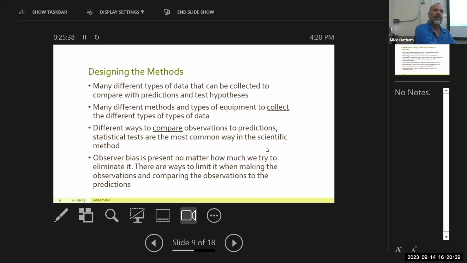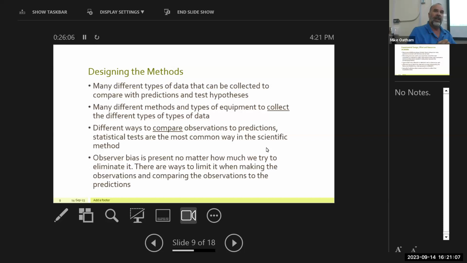So what sort of hypothesis can you test with this piece of equipment? There are many different types of data you can collect. You can collect sun, humidity, size of leaves, color of leaves, and so on.